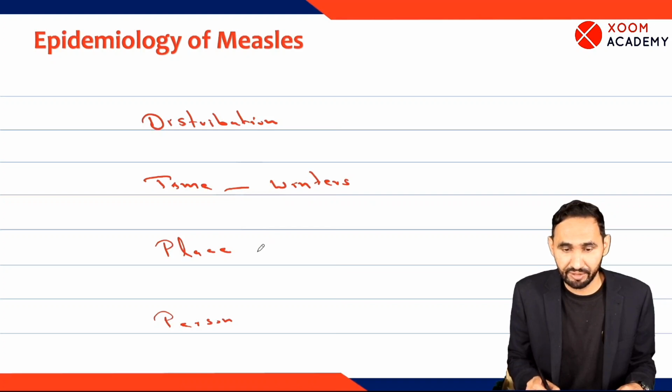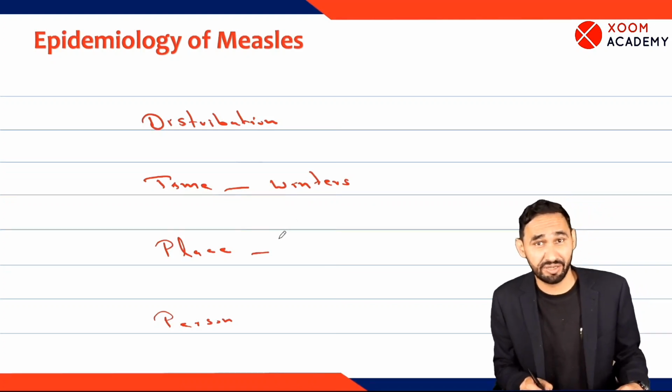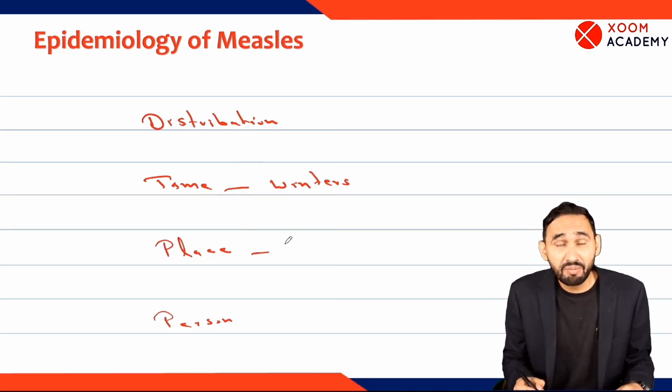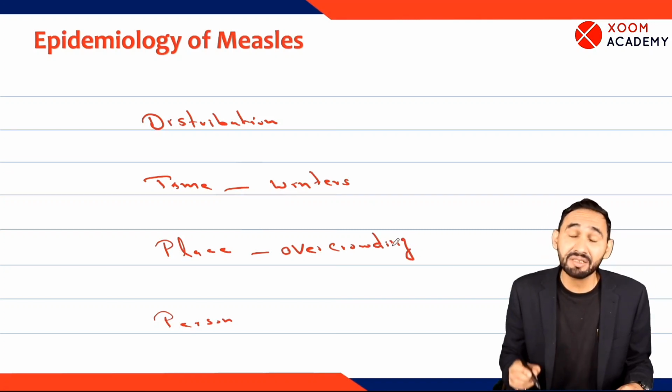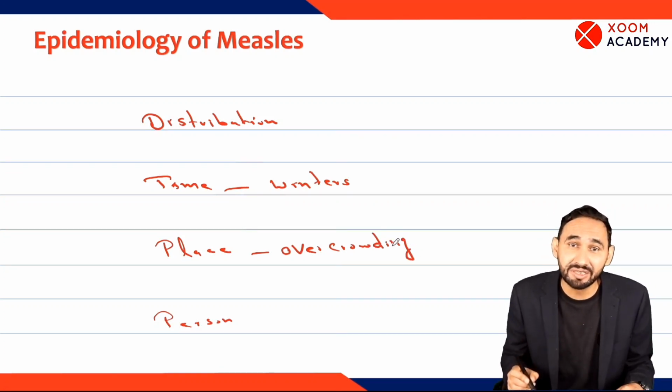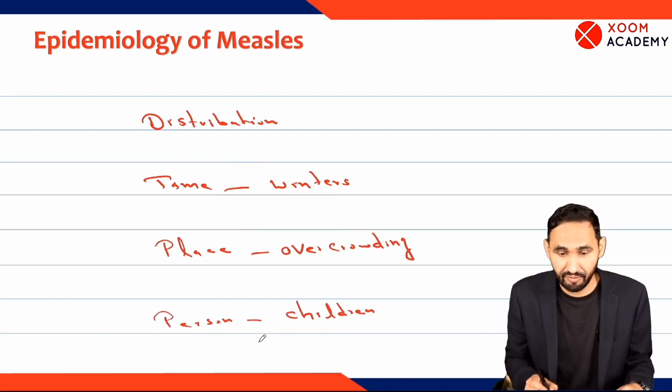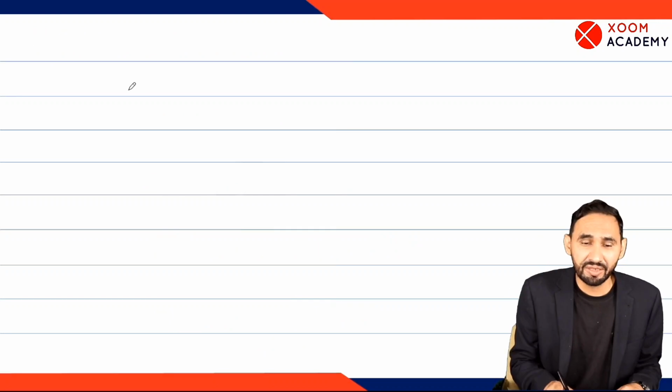Measles is common in winters. Place: overcrowded places, urban slums, overcrowding. Measles is severe in malnourished children, children less than 5 years, under 5.